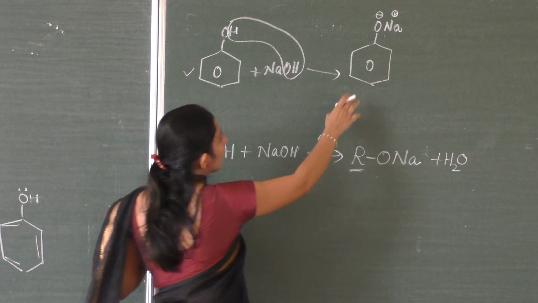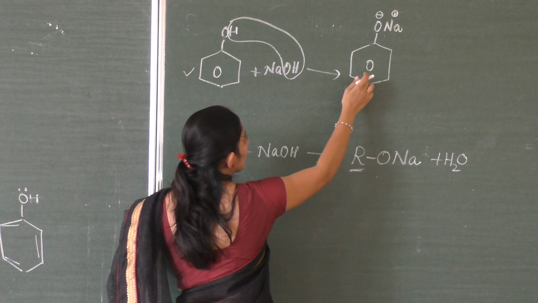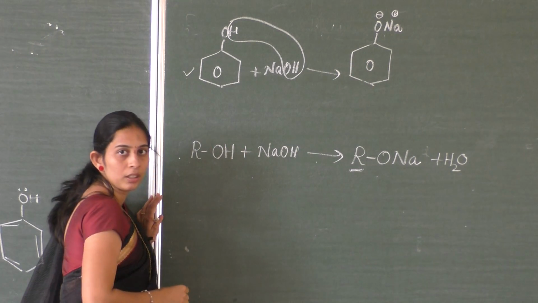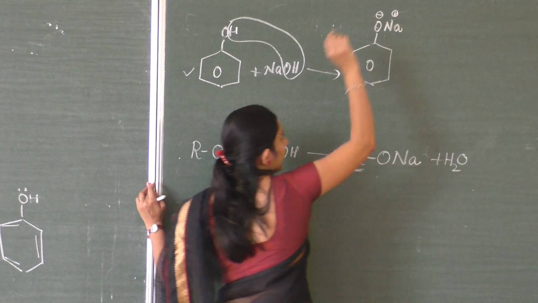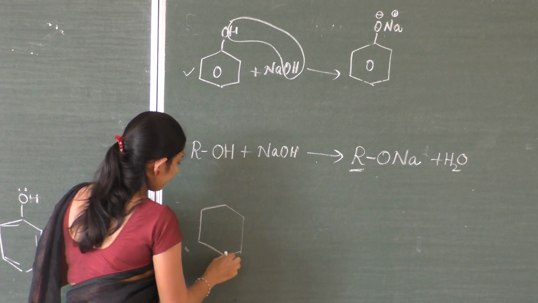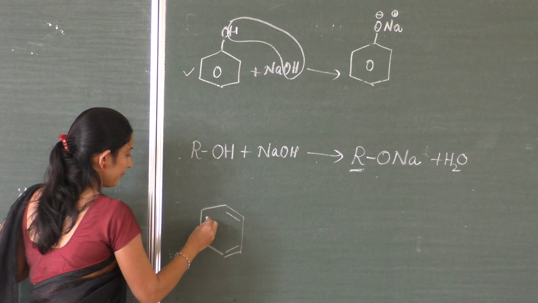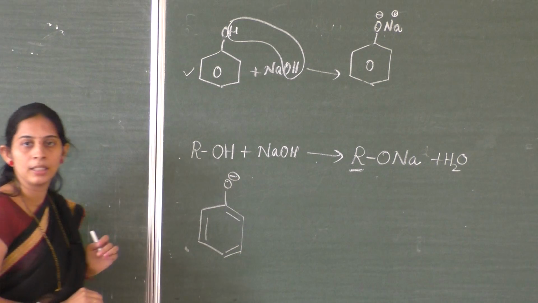So you can also write a resonance structure for this. If I write a resonance structure for the phenoxide ion, what is the structure of phenoxide ion? If I remove the Na plus there, the phenoxide ion becomes O minus, isn't it?